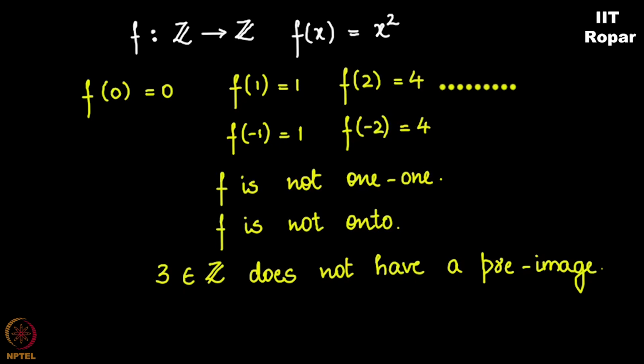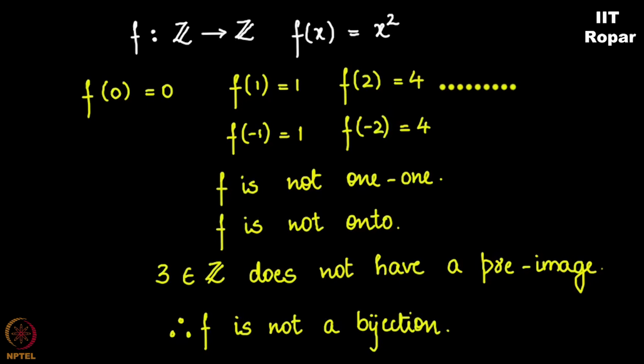Because there's this element 3 in the codomain that does not have a pre-image. Root 3 square is 3, but does root 3 belong to our domain? No. Hence the function is not 1-1 and not onto. Obviously f is not a bijection, but it suffices to show that either it is not 1-1 or onto, and hence f is not a bijection, as I mentioned earlier.